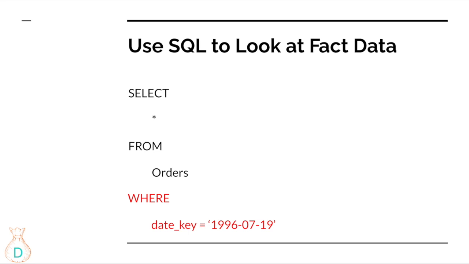I'm going to have a sample data link for the SQL practice down below, but you should always try to filter based on date key as much as possible. Sometimes it might not be called a date key, but you should always look for the date column for that table. And then the where clause is where you can filter the data.